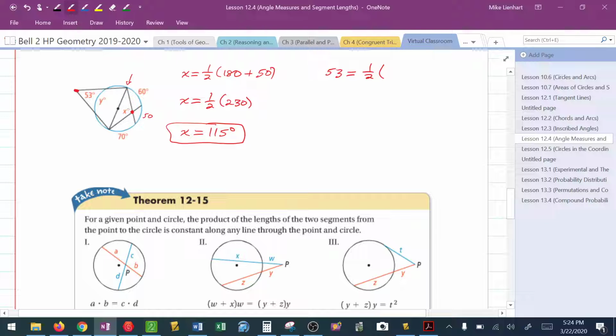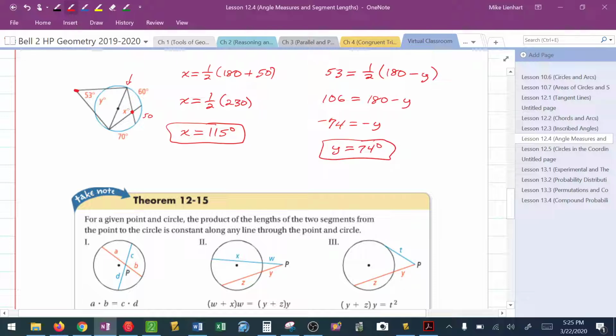Now again, the endpoints of that angle whose vertex is outside are a semicircle, 180, and I have to subtract what I'm trying to find there, y, from that. Again, I like to double the 53 to get rid of that 1/2, so 106 is equal to 180 minus y. Subtract 180, I get negative 74 is negative y, or y is 74 degrees.